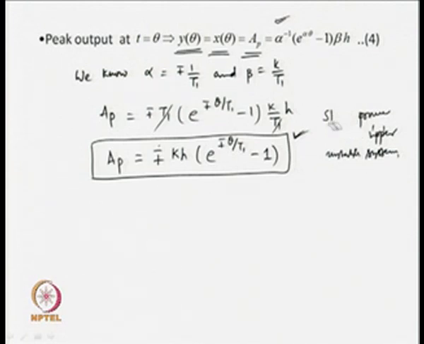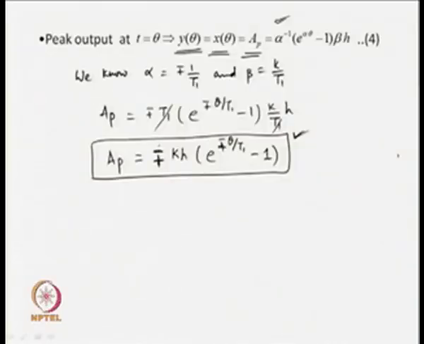So, for an unstable first order plus dead time model, we shall go for the lower symbols, plus here and plus here, but for a stable first order plus dead time transfer function model, we have to use the upper symbol, minus here and minus here. Let me give this the same equation number 4.